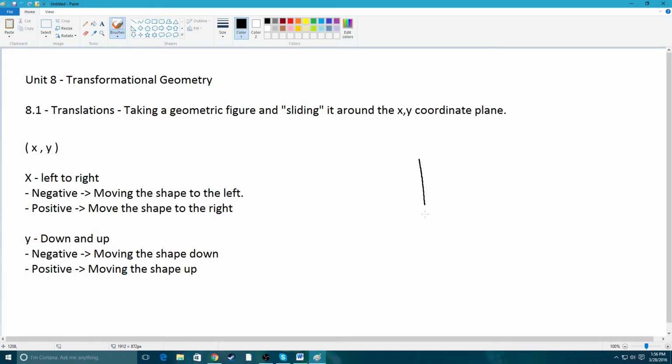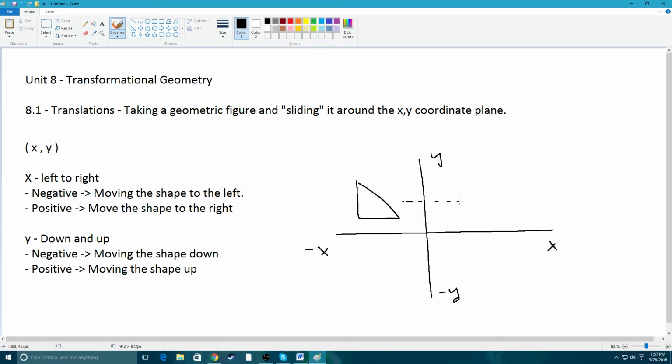So remember, when you have these two coordinates, this one is your x-axis, this is the negative x, this is y, and this is the negative y. Basically you're taking a triangle, and when they say you are translating it, you are moving it somewhere else. That's all a translation is.